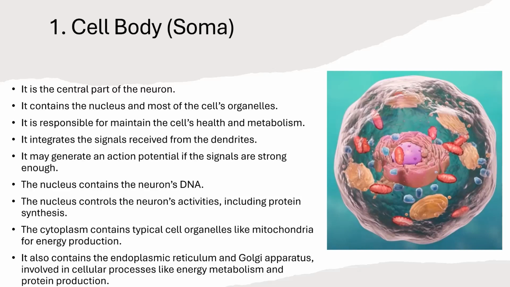Now, regarding the nucleus, it is important because it contains the neuron's DNA. The nucleus controls the neuron's activities, including protein synthesis, and the cytoplasm, this part, contains typical cell organelles, the most important of which are the mitochondria, which are crucial for energy production.